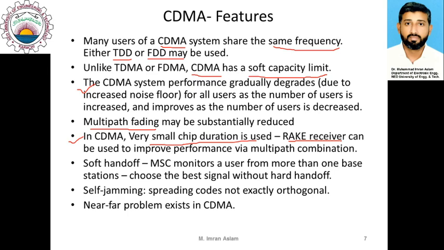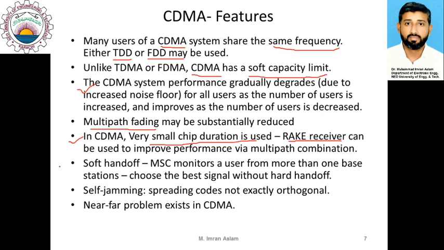So generally, because of having this small chip duration, we are able to use rake receivers, which generally improves the overall performance of the system because of the possibility of combining different multipath components.